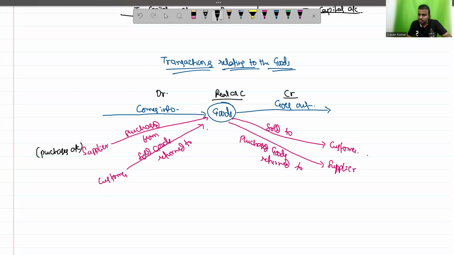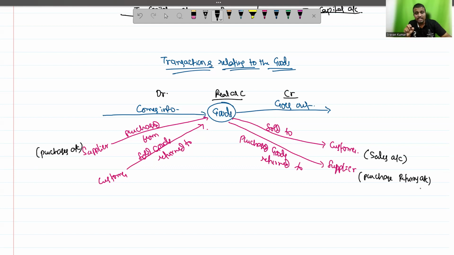And when the purchased goods are sold by the business to the customer, we have to use the word sales account. And when the purchased goods are returned by the business to the supplier, we have to use the word purchase returns account.